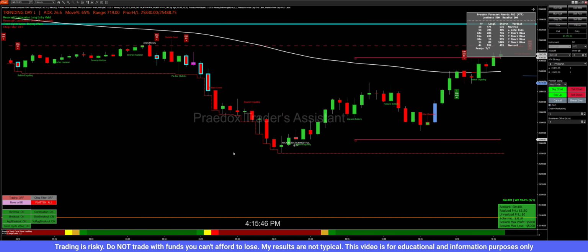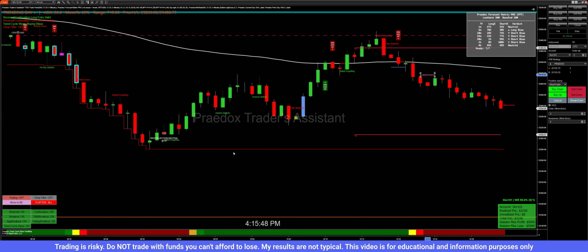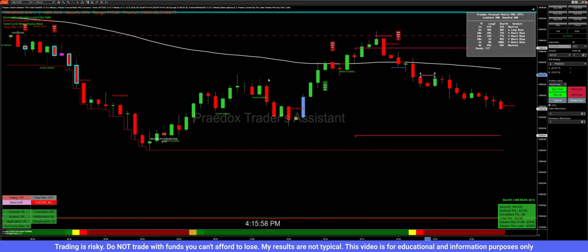But what a continuation will allow you to do is you had this reversal here that was not valid. Why it wasn't valid? Because you did not have a close above the EMA. So the automated system will not get you into a trade.